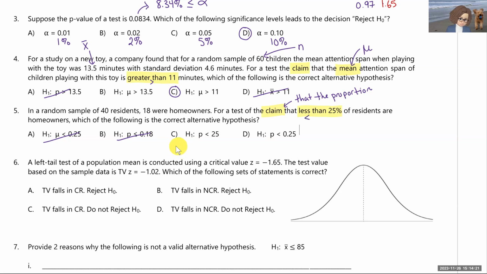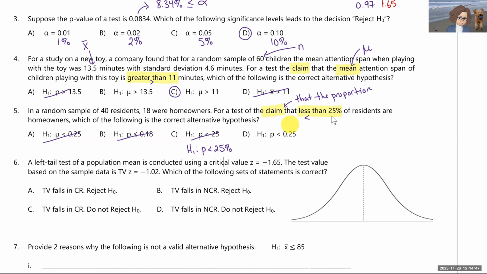Now, just a comment here. This one does have a P correctly for proportion, but that says 25, not 25%. So that can't be correct. If it had said P less than 25%, that would be correct. But 25 and 25% are very different things.